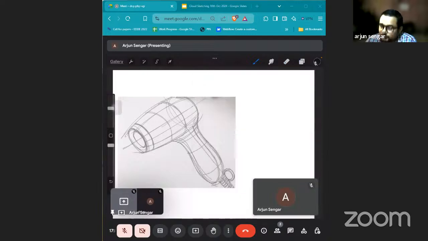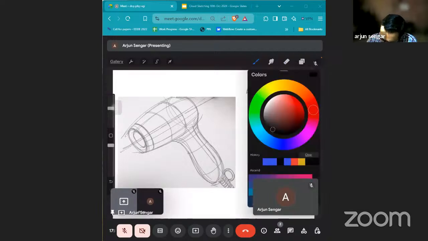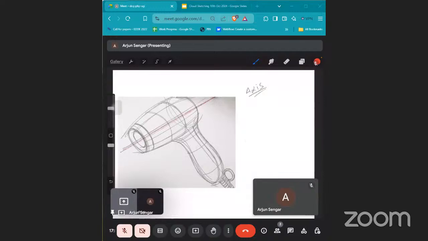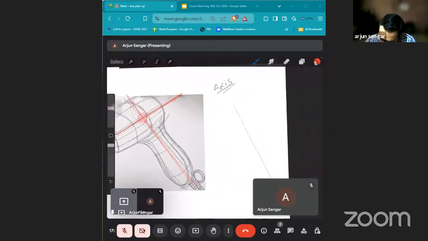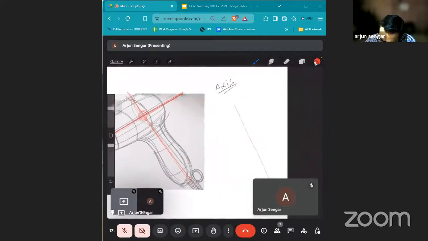When I am talking about the axis, in this object you can see the object is aligned in a particular manner. It is aligned at this axis and this axis, and they are intersecting at this point. If we try to sketch a similar thing on the right-hand side, there will be an axis and we will try to make it. This is clear to all of you?